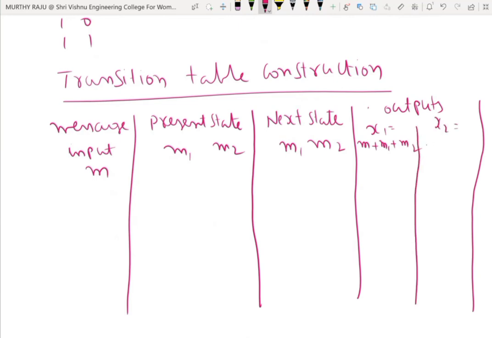X2 is equal to M exclusive OR with M2. These are the two outputs.